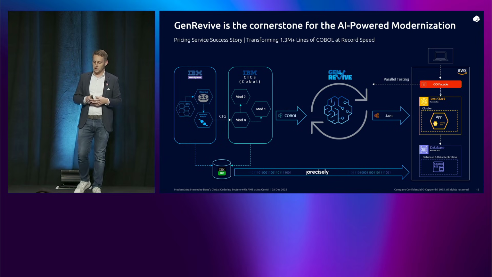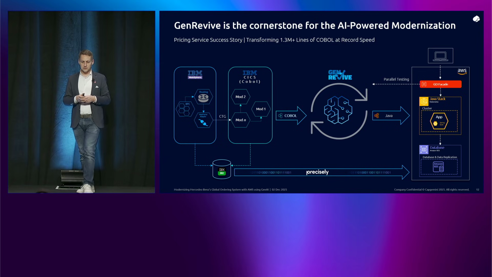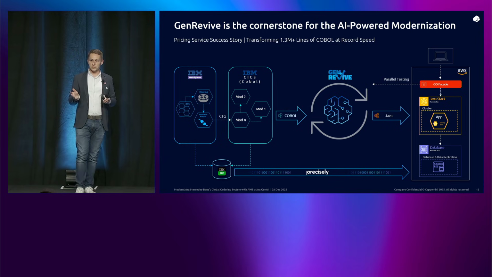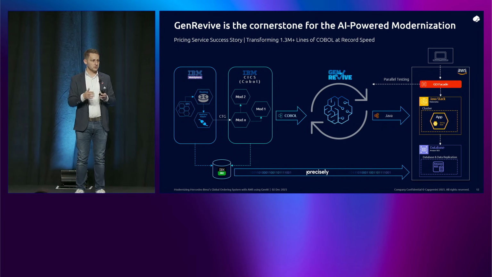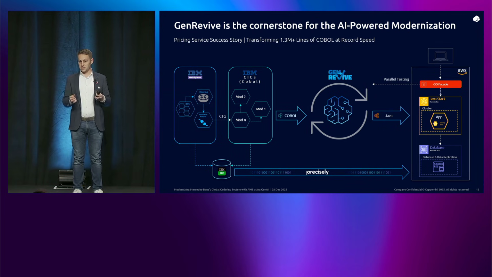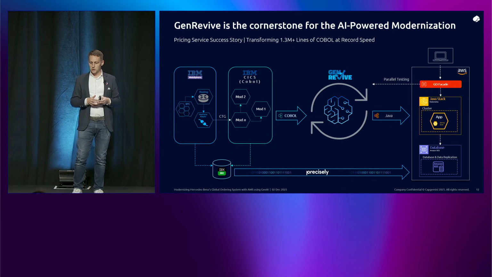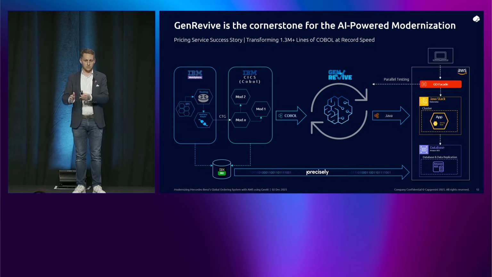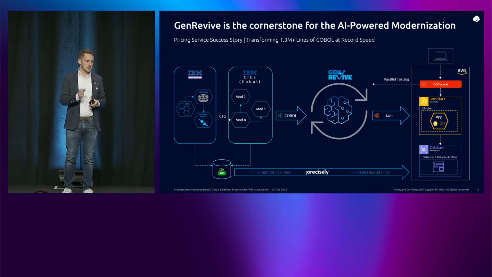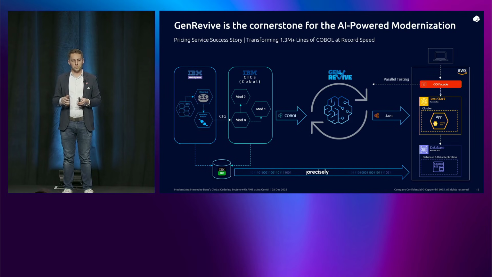So what we've used is Precisely as a tool. Precisely is able to sync lots of data basically in real time. So to have that data accessible on the new service, we use Precisely to always sync that data in real time.